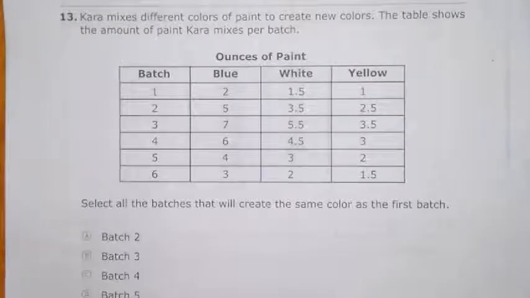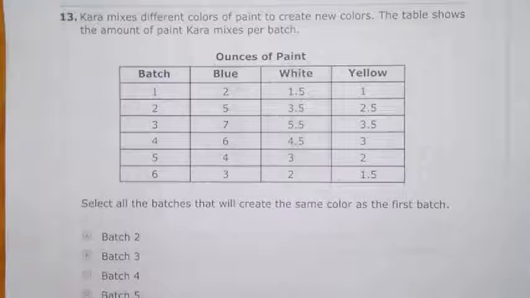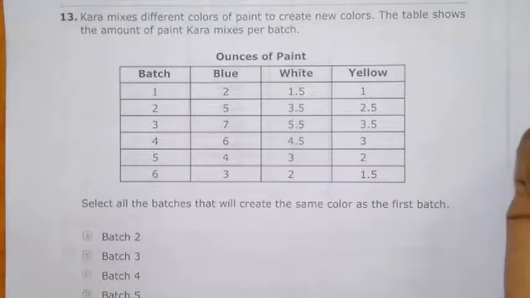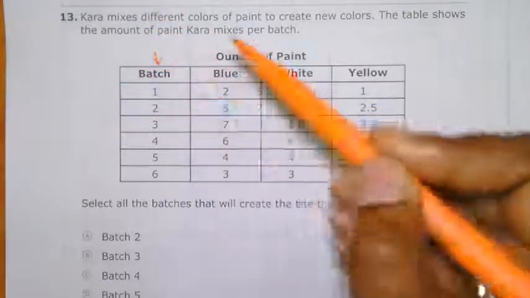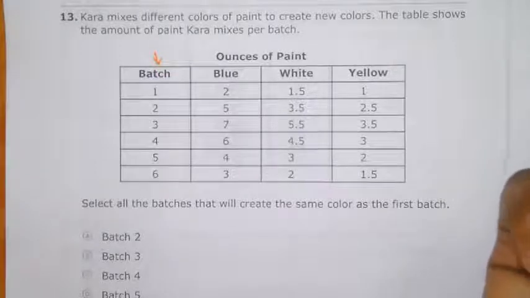Alright, so this one says that Kara mixes different colors of paint to create new colors. The table shows the amount of paint Kara mixes per batch. So here we have the batches and the amount of paint per color.